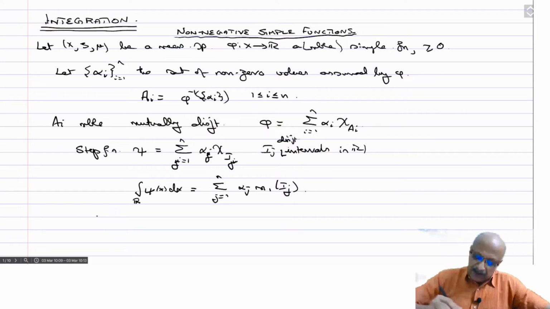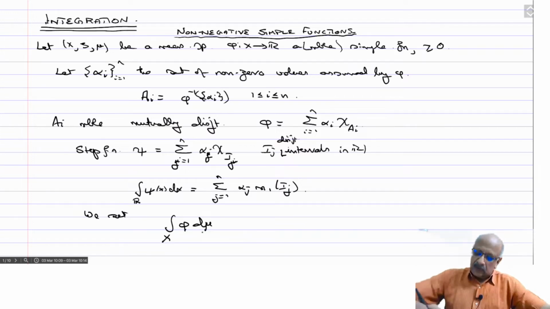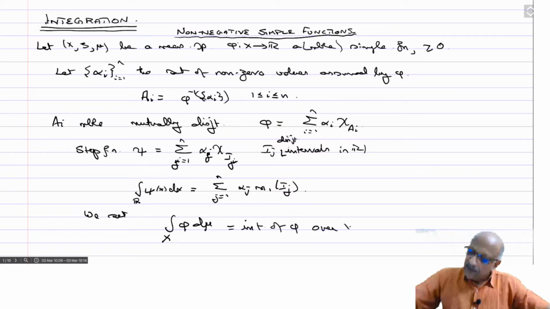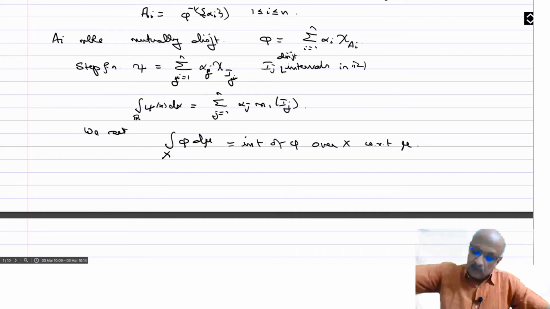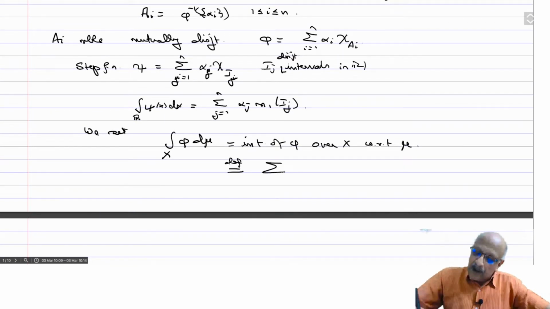So imitating this, we set the integral of phi over the set X with respect to the measure mu. This is the meaning of this symbol. This we are going to define, if possible, as the sum over i equals 1 to n of alpha_i times the measure of A_i.